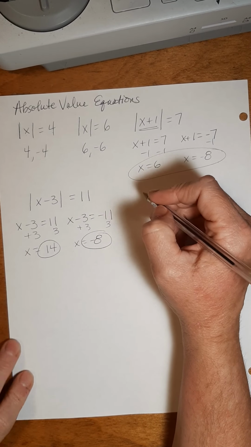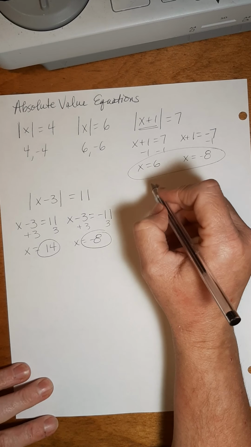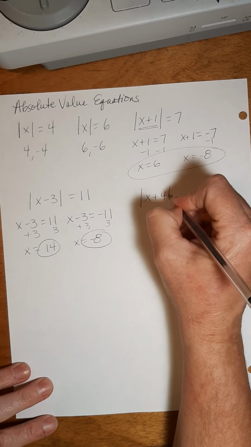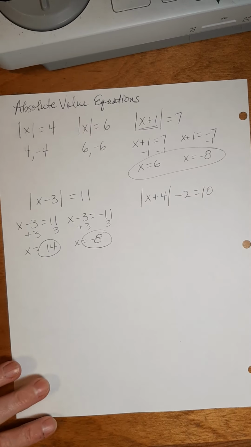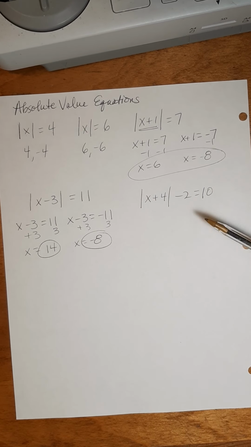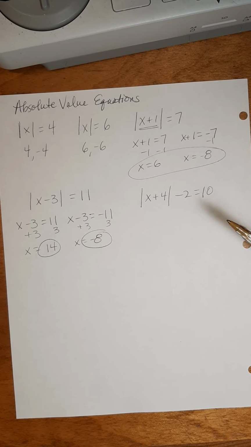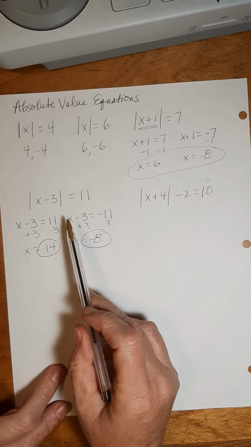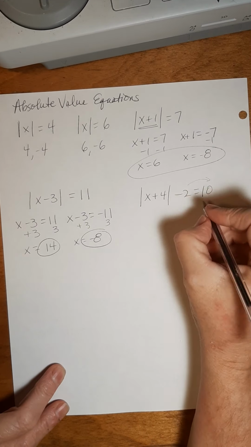And like normal, they try to be a little tricky sometimes. What about if I said absolute value of x plus 4 minus 2 equals 10? Well, notice how in this one I have this number outside. So if I want to make it by itself, all I have to do is move this over, because once you isolate the absolute value, then you can write your two equations.